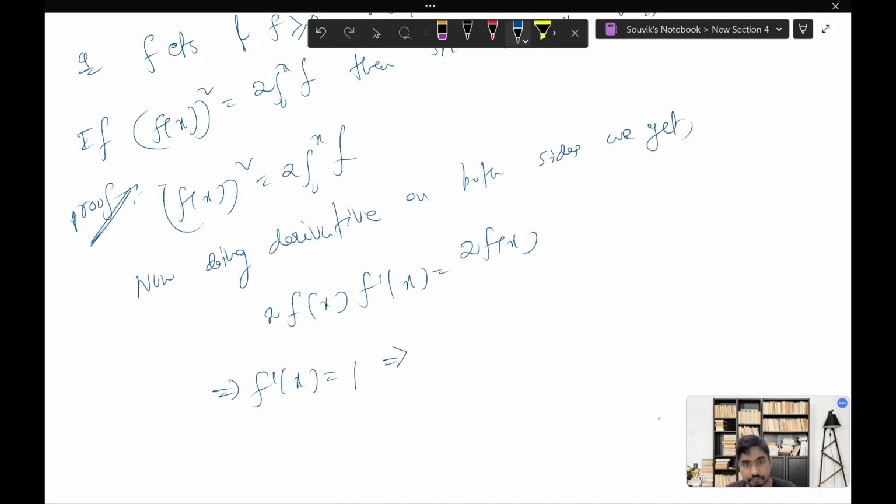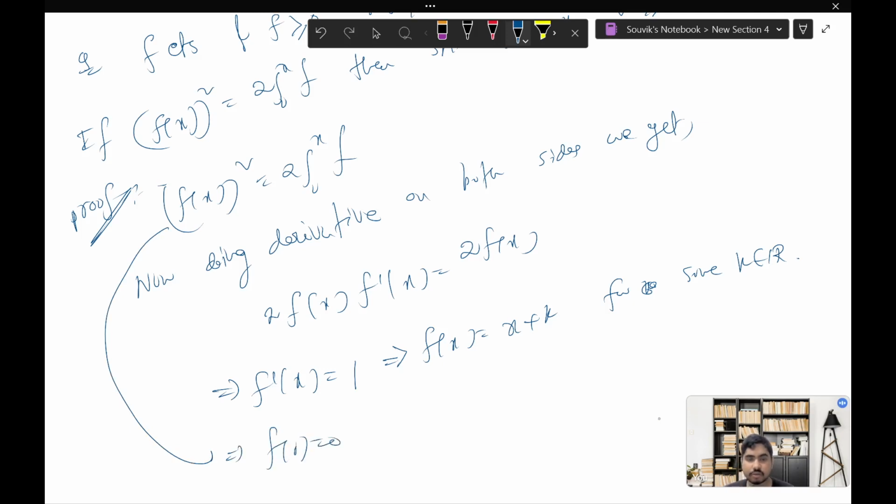So this implies f(x) equal to x plus k for some constant k. Now this equation gives f(0) equal to 0. So k equal to 0.